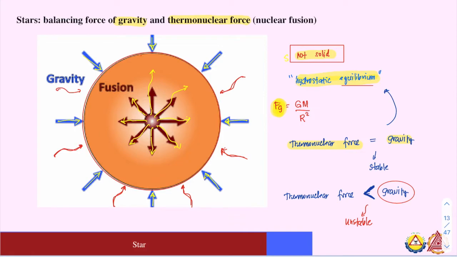And of course, if that were all that is happening, eventually it would be compressed and become very small. But then again, we also have nuclear fusion processes occurring at the core that balance the force of gravity. So as I've said, as long as these two forces are balanced, we call the star to be in a hydrostatic equilibrium, and the star is stable in that case.